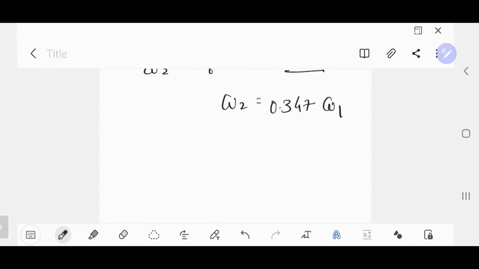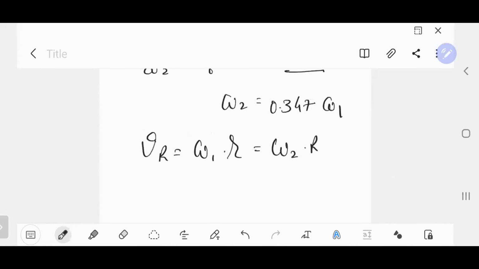So let us come to the rolling velocity now. Rolling velocity is equal to what? Angular velocity multiplied by radius, right? That is equal to omega 1 into r, and that is also equal to omega 2 into capital R. Both are equal.